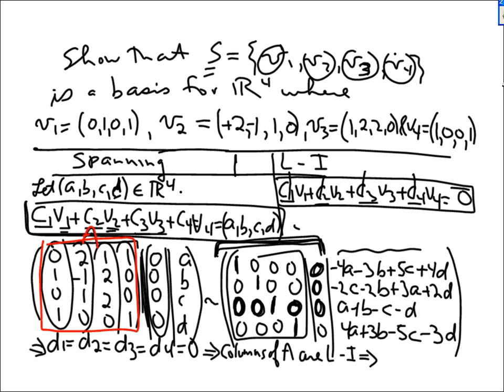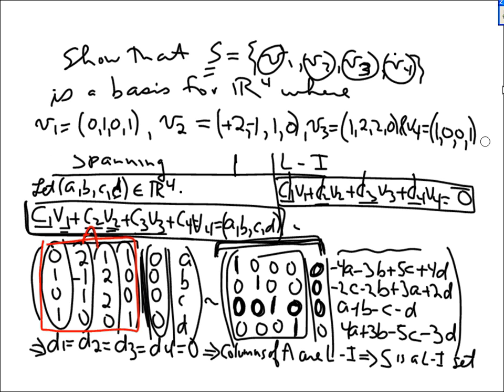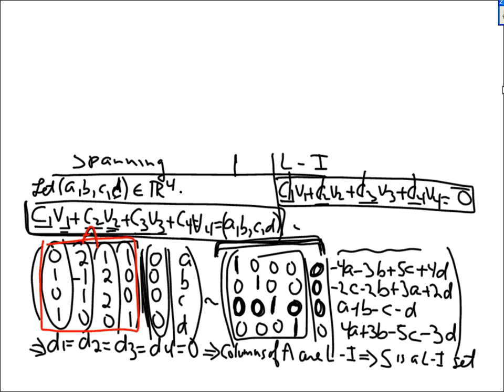So that implies that S is a linearly independent set. So that's half of the job. The other half of the job, due to lack of space, is going to happen on the top.